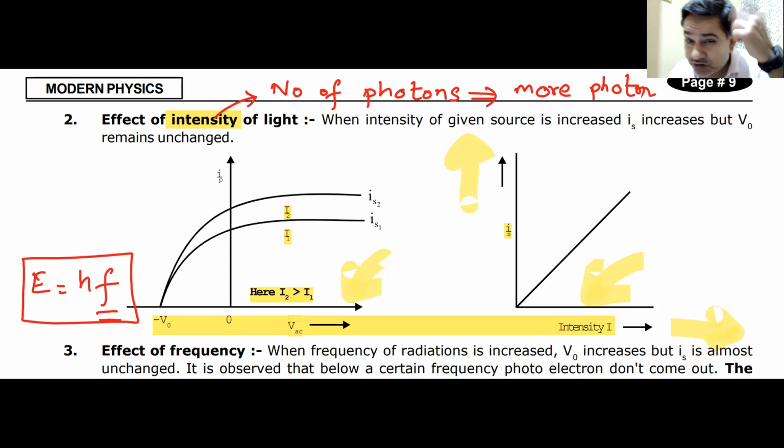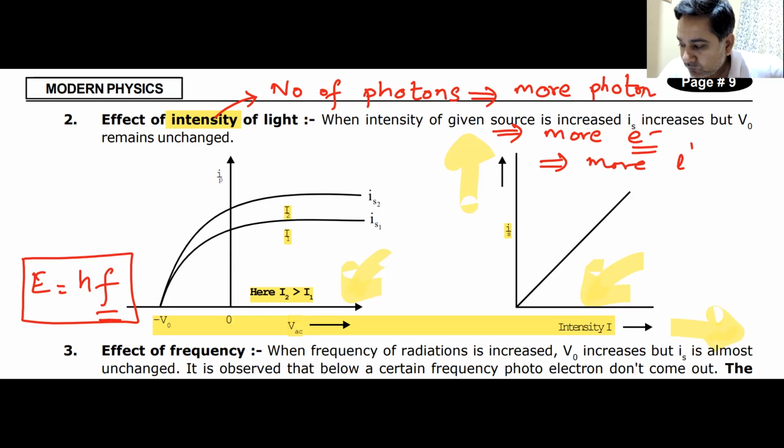More electrons means what? More will be the current. But to have this case, the energy of the photon must be more than the work function.